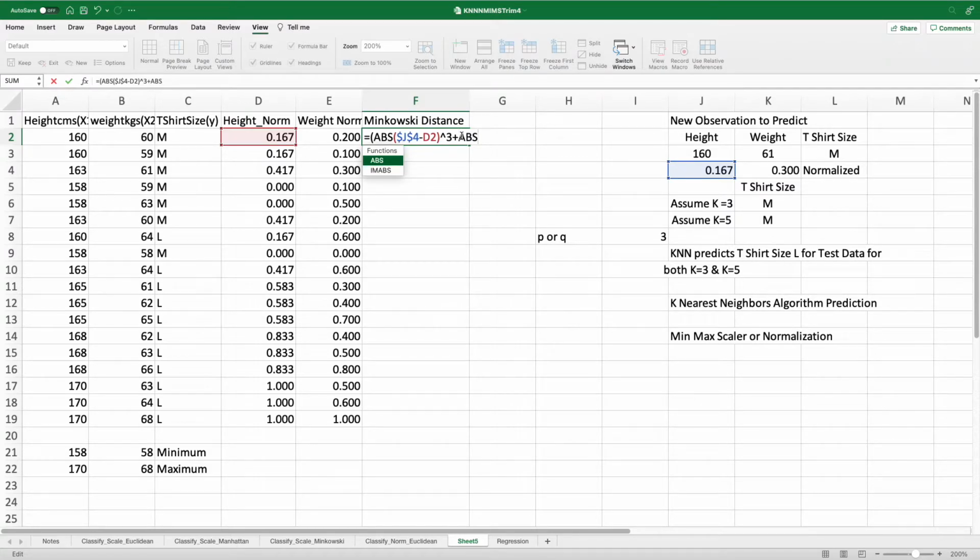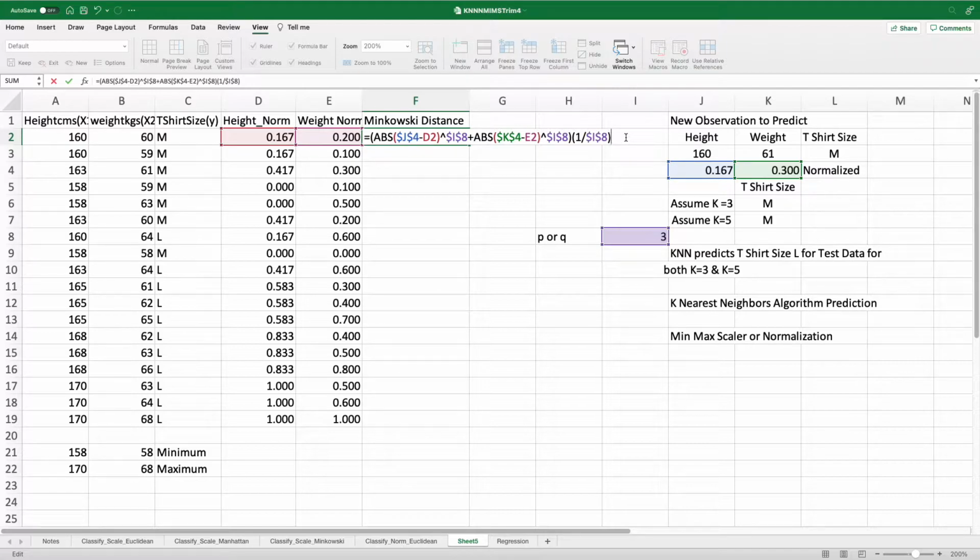plus ABS of this, by pressing F4, minus this to the power of 3, close bracket, open bracket, 1 divided by 3, F plus F4. So, wherever we have the 3, we will select the cell and we will fix it. Right?